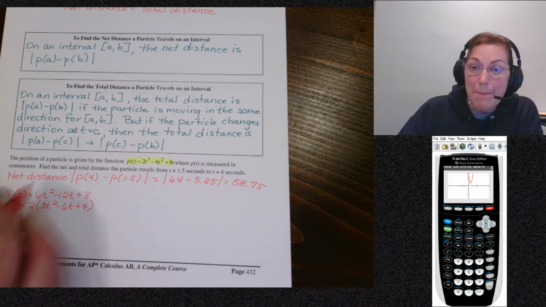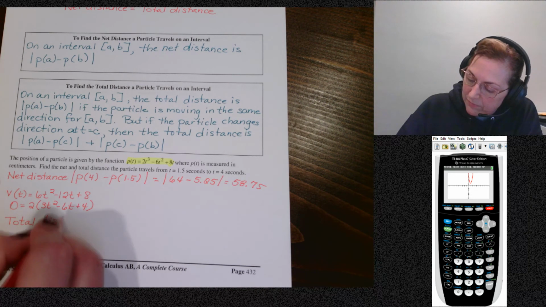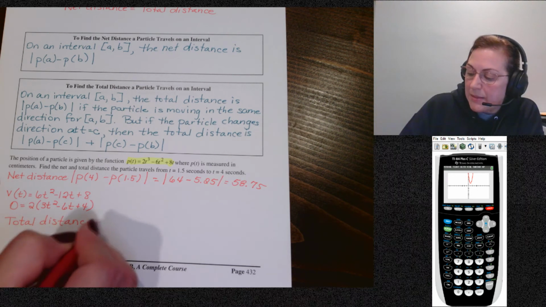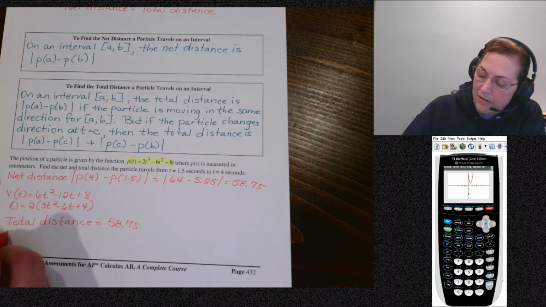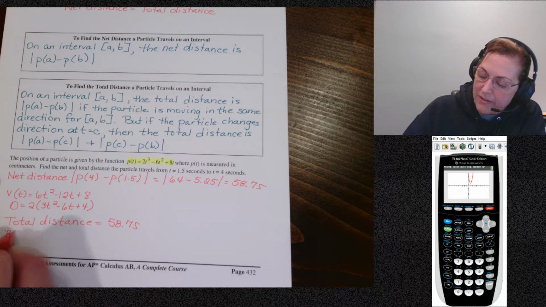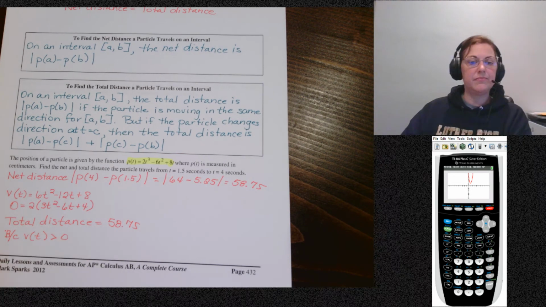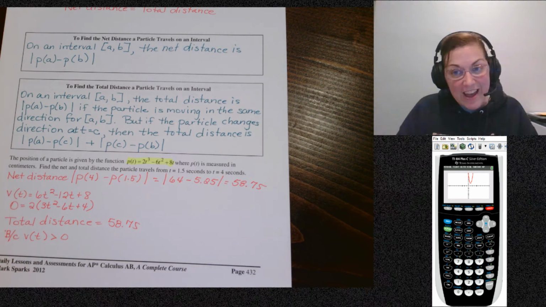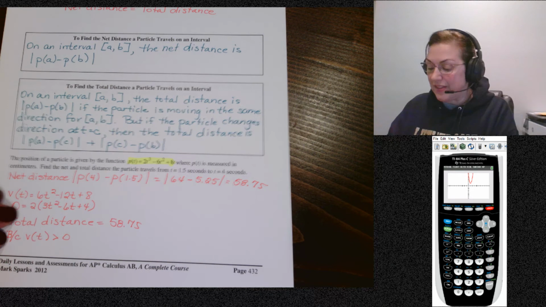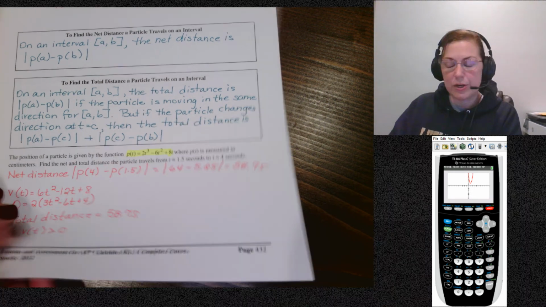So my total distance will be the same as my net distance because velocity was always positive on that interval. But you have to check. You can't assume that the object did not change direction. You have to go check and make sure. Okay, let's look at a couple more examples.